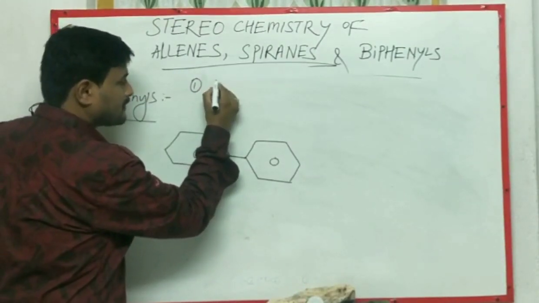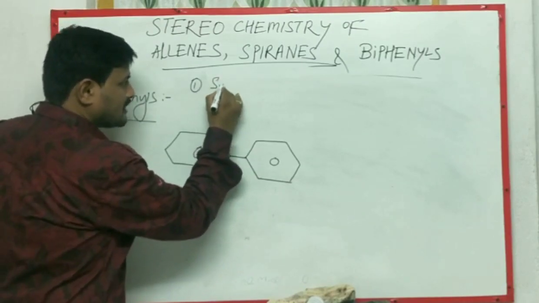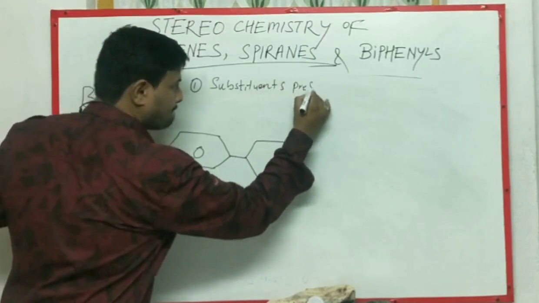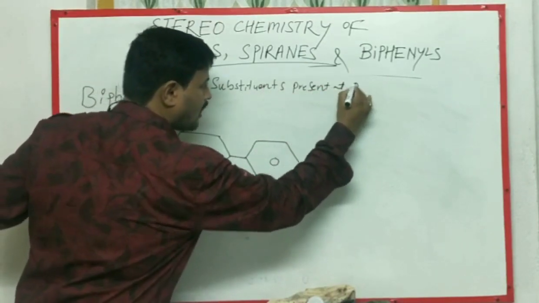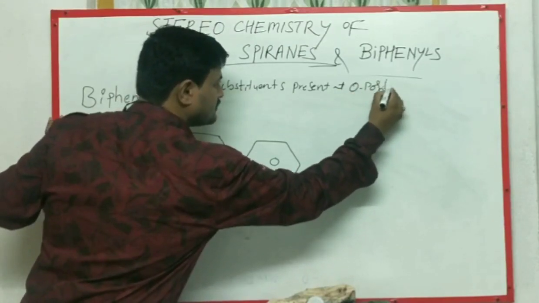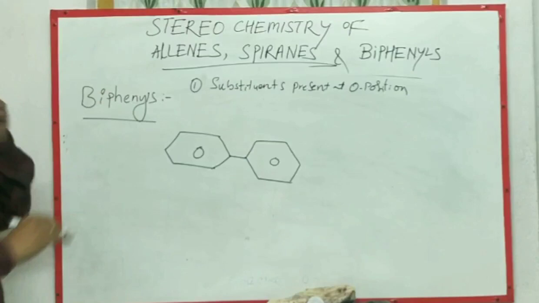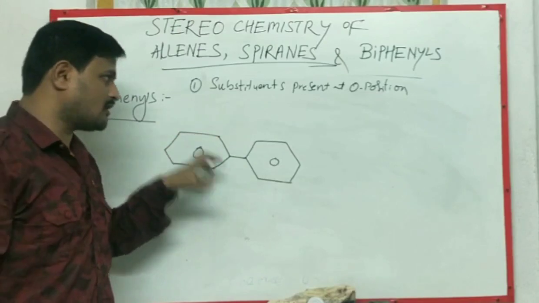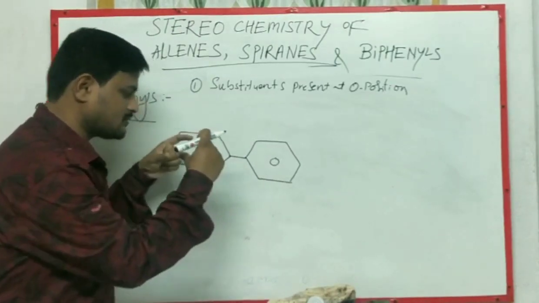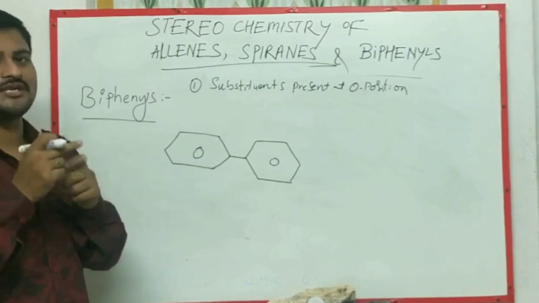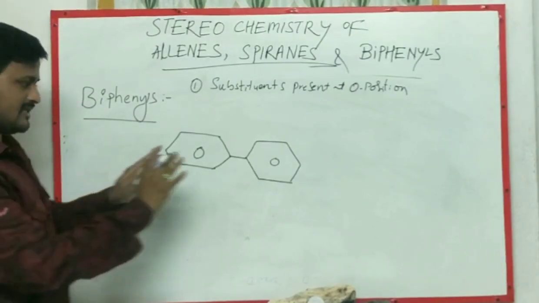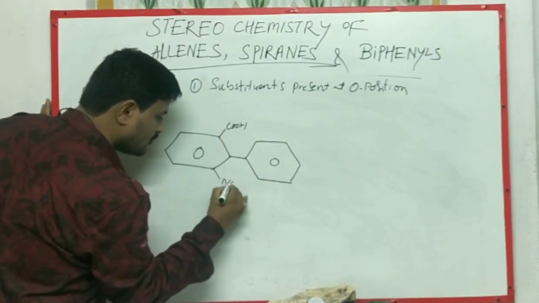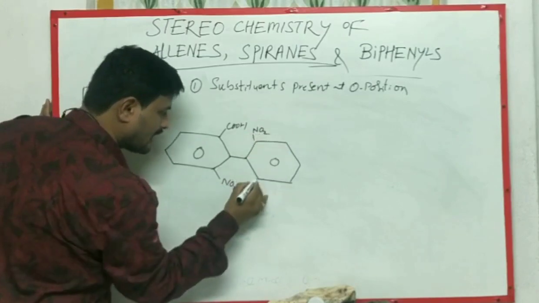Substituents must be present at the ortho position. Why? Because the substituents at the ortho position can restrict the rotation. For example, say it is planar. Here I am writing the COOH group and here the NO2 group, and here NO2 and here COOH.